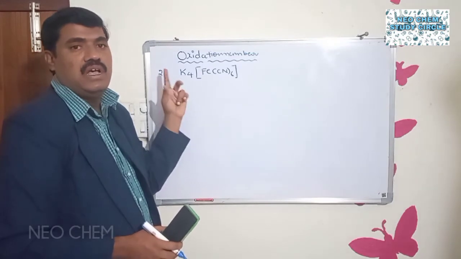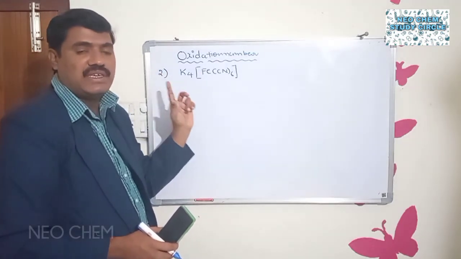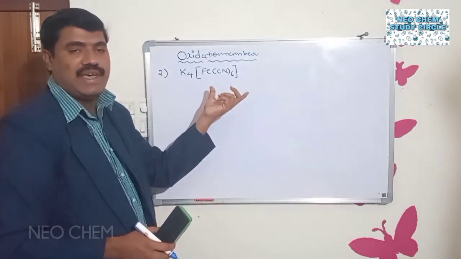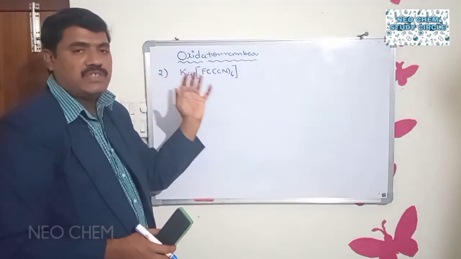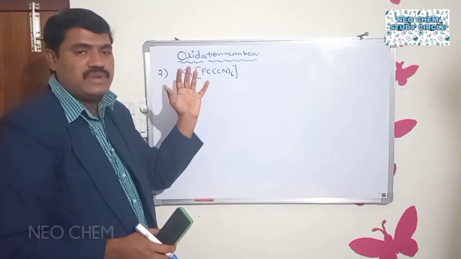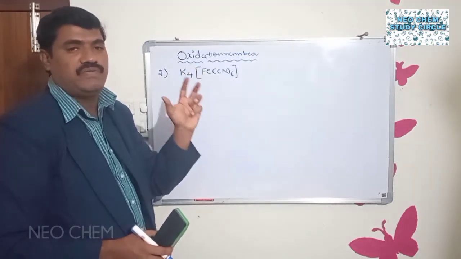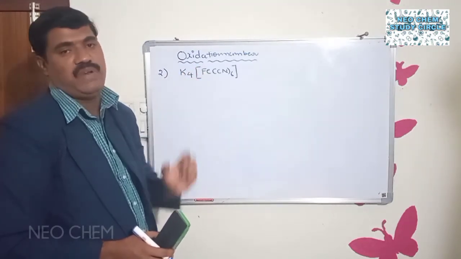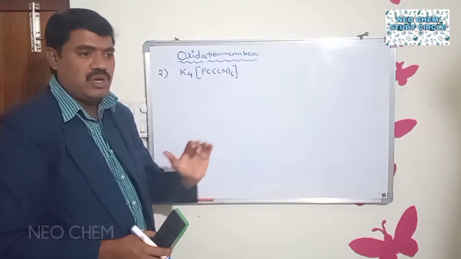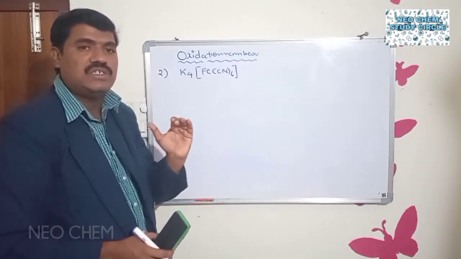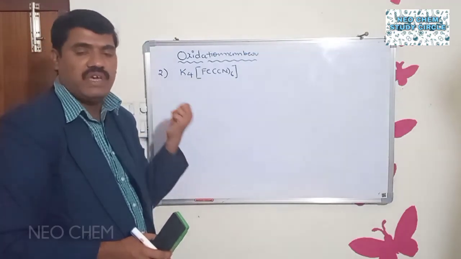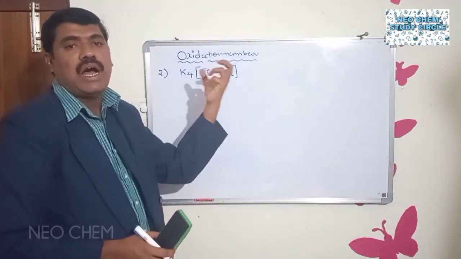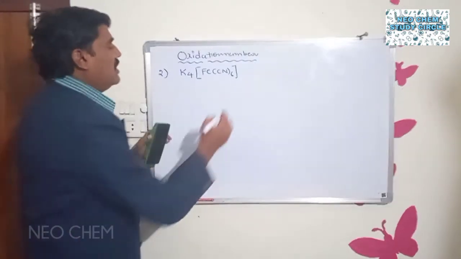That is, ionic sphere acts as cation and the complex sphere acts as anion. So if ionic sphere and the complex sphere are present in the given complex compound, first of all we should ionize the complex compound, because to identify the oxidation number we need only the complex sphere. That's why we have to ionize the complex compound like this.